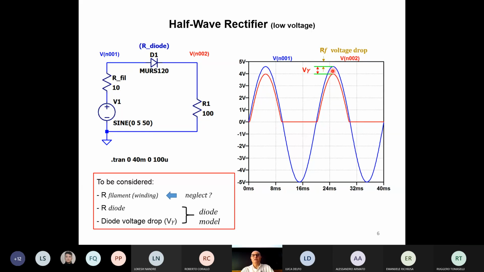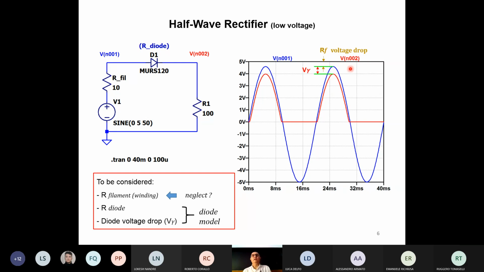Because we have to consider the drop across the diode, which is V gamma here, and the drop across the filament RF. You see this sort of yellow distance here from the peak, from 5 volt and the peak, okay? So that's the effect of considering both.